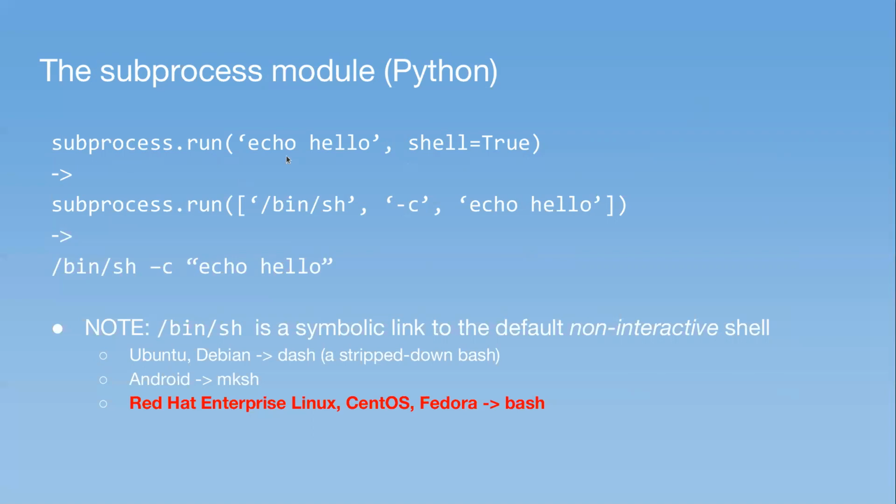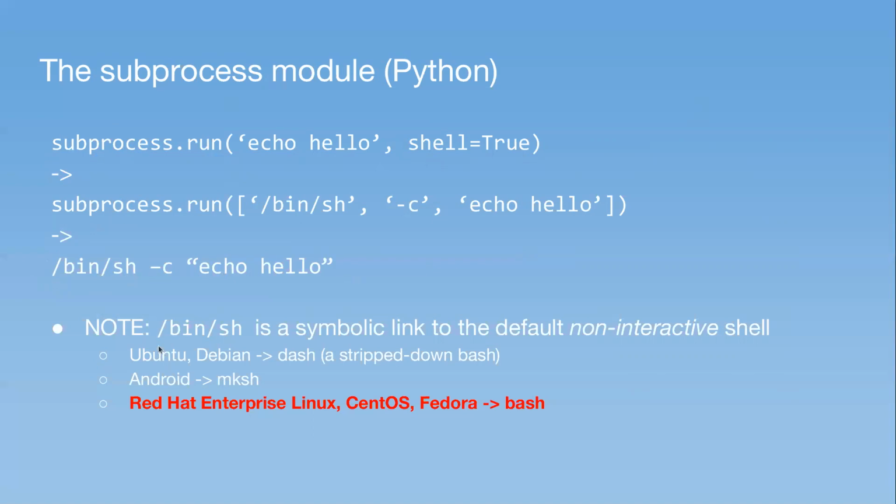This line in particular will run echo hello on the shell. Basically this line gets translated to this line. So subprocess.run echo hello with shell equals true translates to sh -c echo hello. So you see this function here has already created a child shell process.